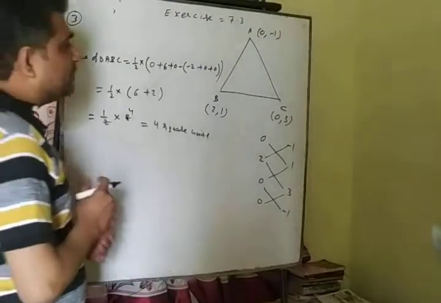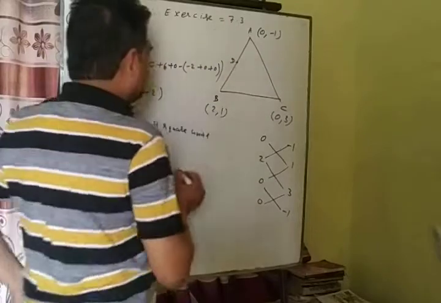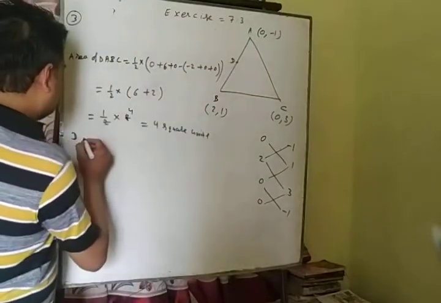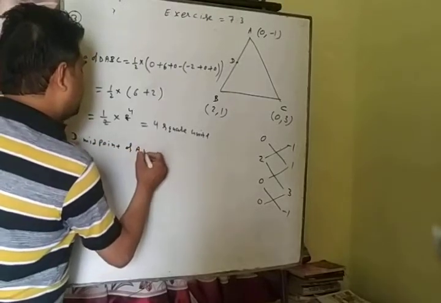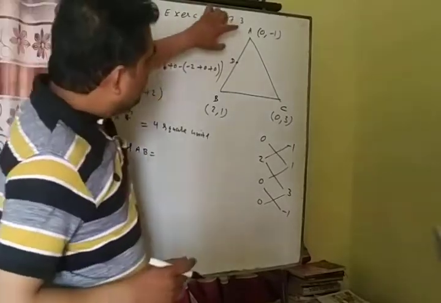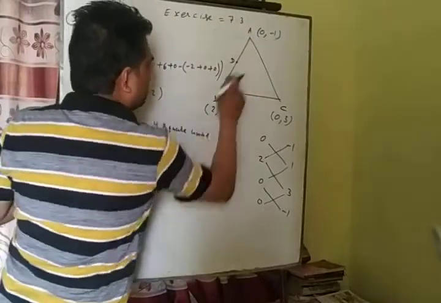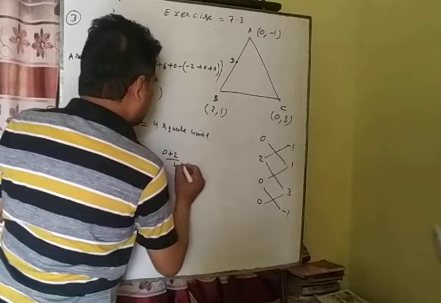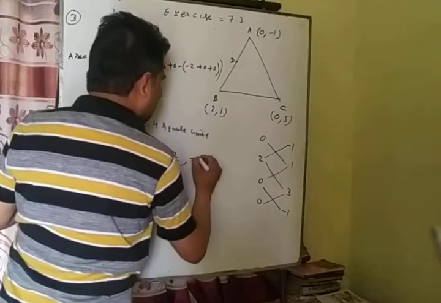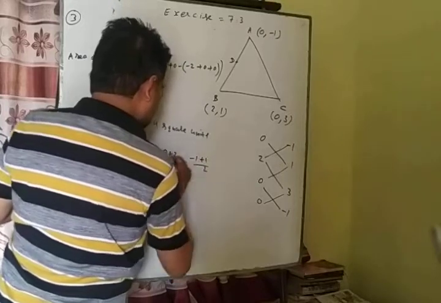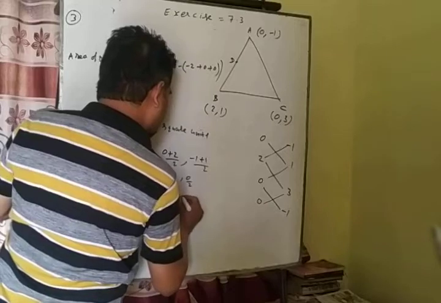After that, we find the midpoint of all the sides. This one is D, midpoint of AB. Using the midpoint formula, first one plus second one: 0 plus 2 upon 2, comma, -1 plus 1 by 2. 2 by 2, 0 upon 2, so 1 and 0.